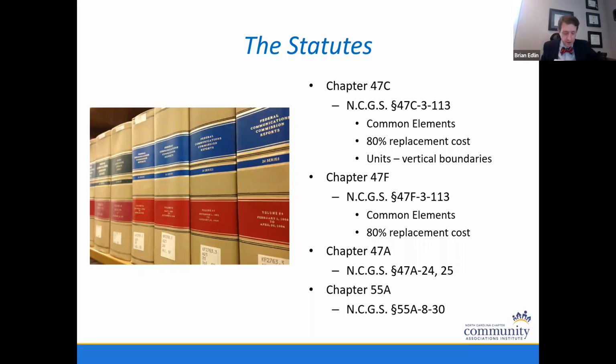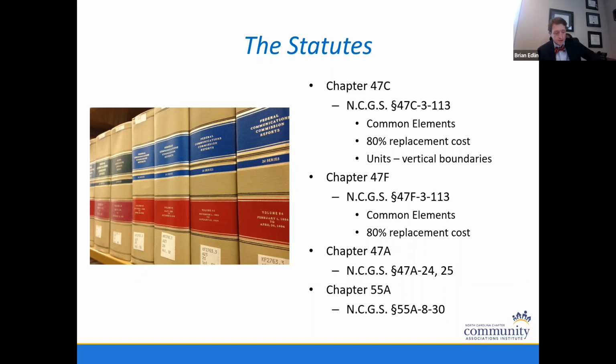And that is very similar to 47C in that it requires insurance on the common elements, and also the insurance has to be in the amount of 80% of the replacement cost of the insured property, which is the common elements. So for 47F communities, that's a requirement by law to insure the common area, which typically is a clubhouse or actual buildings that are on common area that are owned by the association.